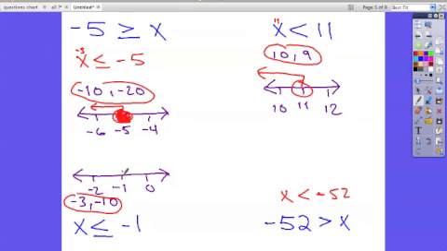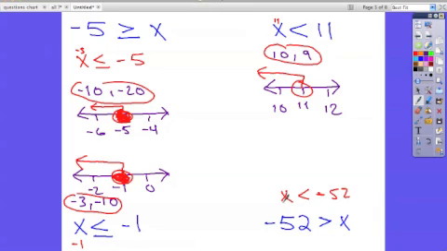And of course, negative 3 and negative 10 are going to be over there. I'll put my circle on there. If I put negative 1 in here, does it make sense? Negative 1 is less than or equal to negative 1, so I want to include this. So the solution of this is negative 1, or anything to the left of negative 1 would make sense with this equation.